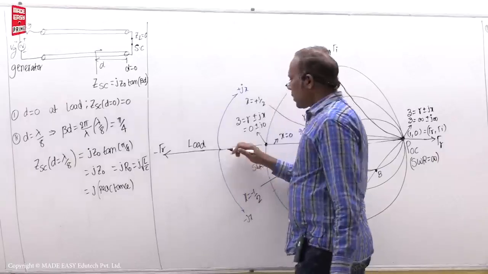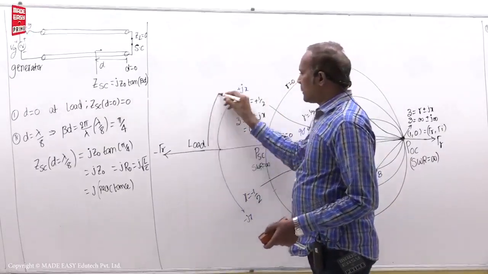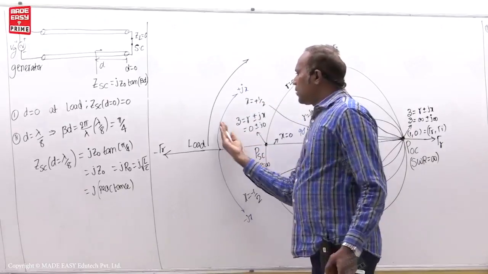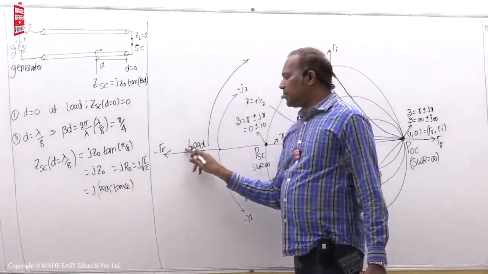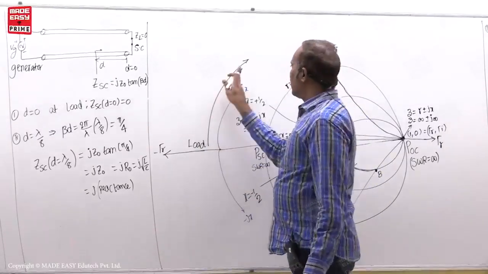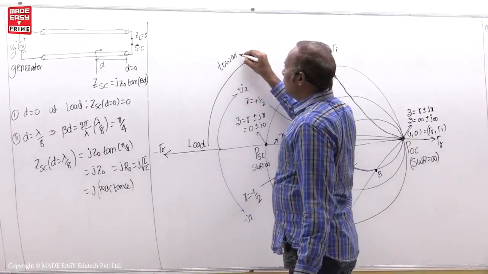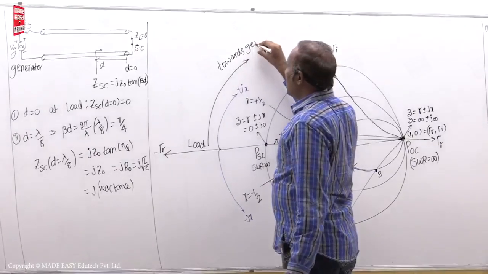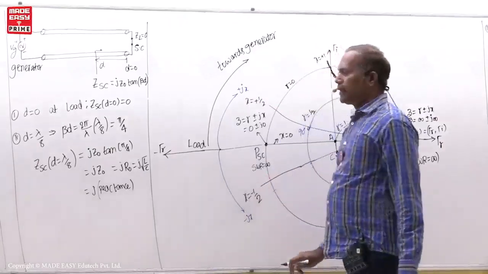Then here you are going on the Smith chart like this, because positive reactance is coming this side. That's why in the books they write this is load location, and you go like this, it is called towards generator movement, like this, towards generator.